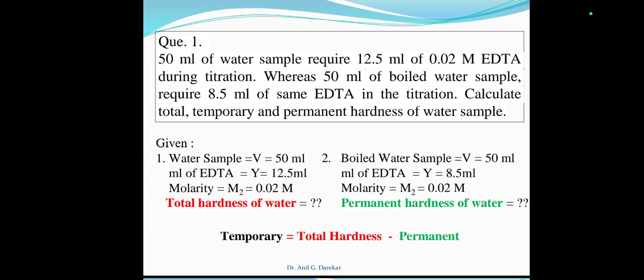Molarity is the same, 0.02 molar, and by using this given, you can find permanent hardness of water. Why do we get only permanent hardness? Because the water sample is boiled, and a boiled sample will give you only permanent hardness. As I said, total hardness minus permanent hardness will give you temporary hardness.